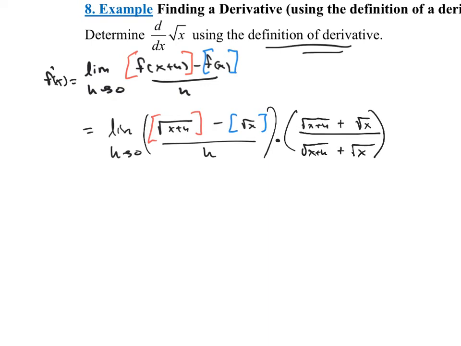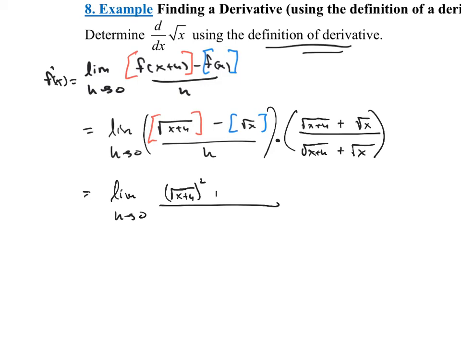The idea here is you distribute the numerator, but absolutely do not distribute the denominator. So we'd end up with the limit as h approaches 0, and let's distribute that numerator. We'd have the square root of x plus h times the square root of x plus h. Well, that's the square root of x plus h squared.